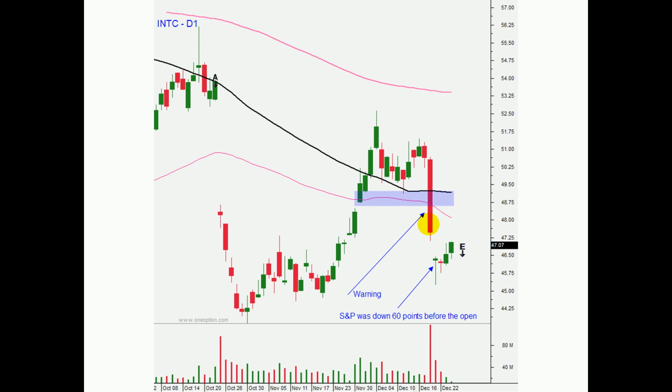Now, as I mentioned to you earlier, you can leg out of these spreads, but in a market that has been floating higher and higher and higher on seasonal strength, we are in an 11-year bull market rally. We are in an 8-month bull market rally. If I buy these Intel puts back, now I am assuming that the stock is going to continue to move lower, but I also need the market to move lower.